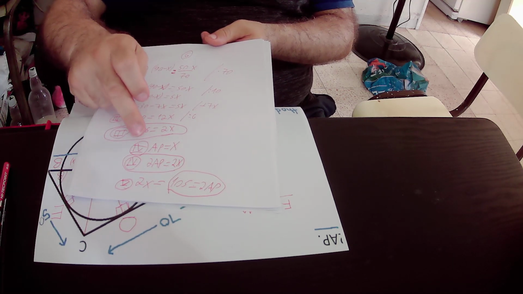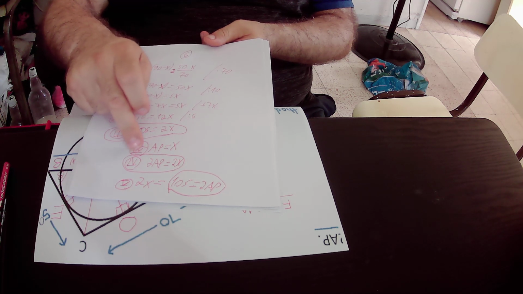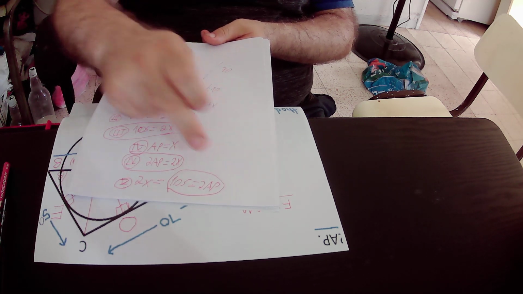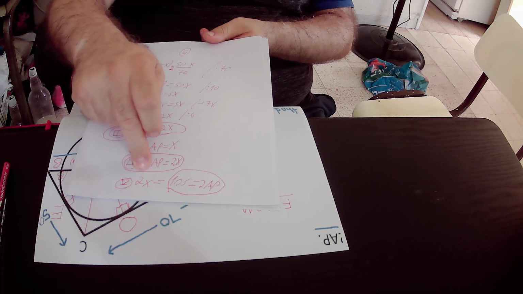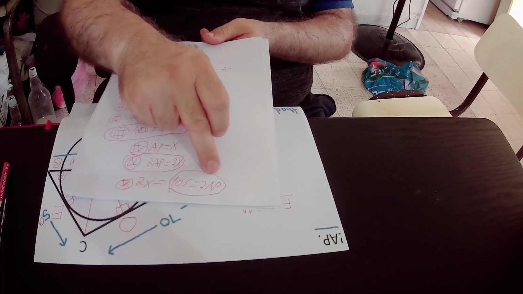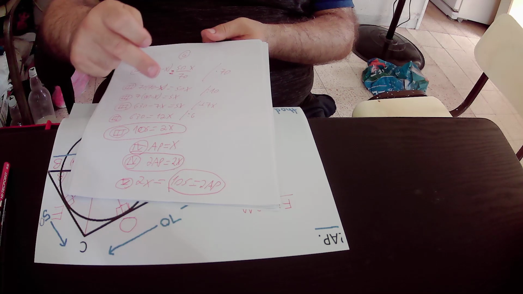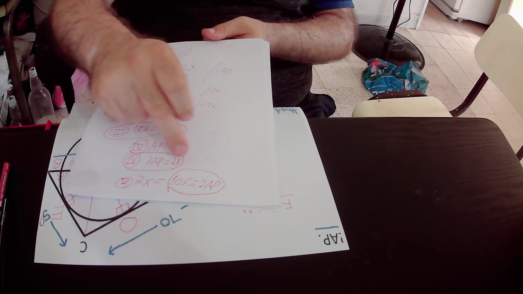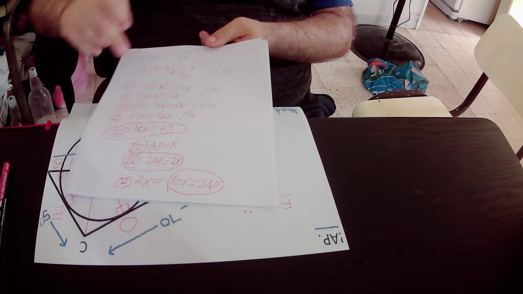But from the fourth equation, we know that 2 times X equals 2 times AP. So we can add here that 2 times X also equals 2 times AP. And at the end we got the equality that 2 times AP equals 105 units.